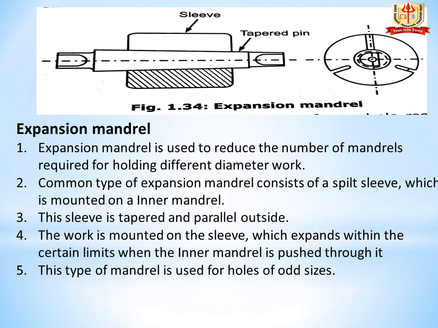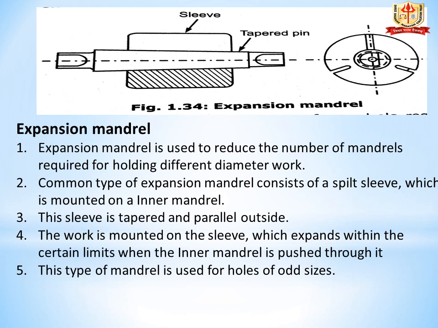Next mandrel is an expansion mandrel. First point, expansion mandrel is used to reduce the number of mandrels required for holding different diameters of work. Second point, common type of expansion mandrel consists of a split sleeve which is mounted on an inner mandrel.